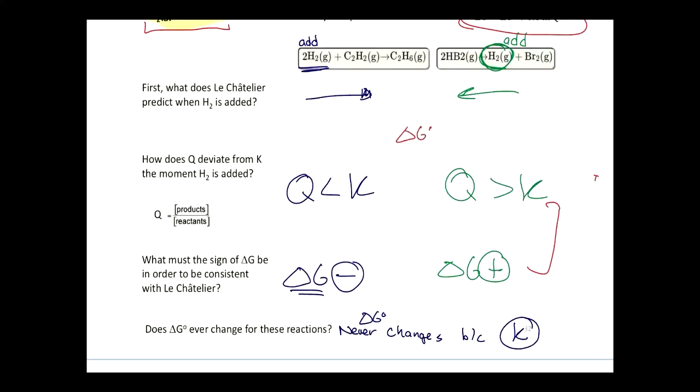Delta G equals delta G naught plus RT ln Q, where delta G naught is equal to negative RT ln K. And so this is where the idea comes from that if Q is greater than K, mathematically delta G must be positive. So we're just comparing the magnitudes of K and Q, and that's how those different signs of delta G come out, but it all matches Le Chatelier's principle as well.